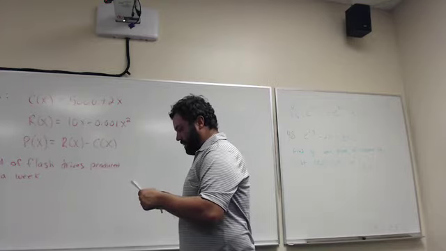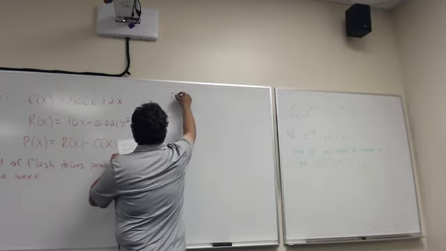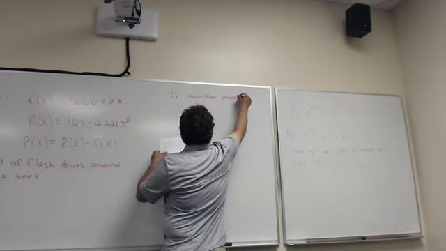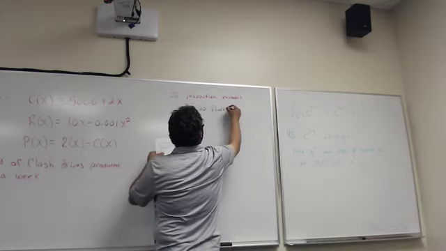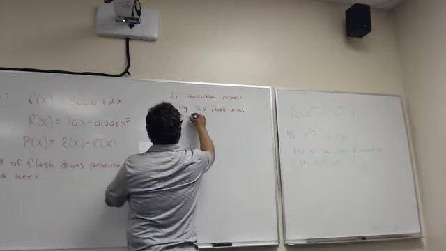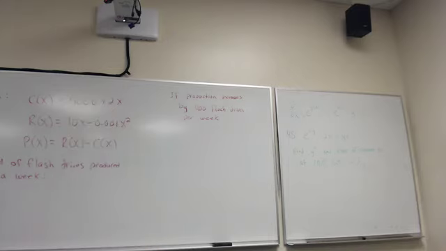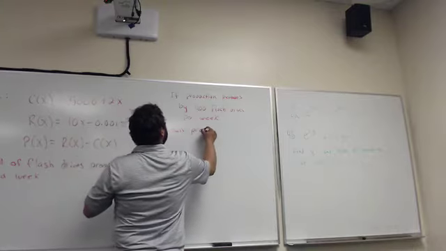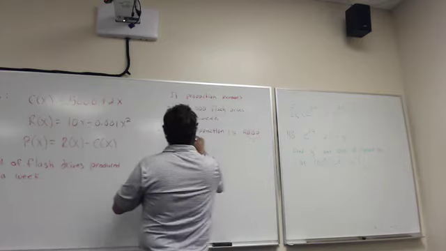Now, the given information that tells us the rates and the production levels: production increases by 400 flash drives per week. So that's the given rate. You're told how much the quantity X changes over a period of a week. And that's when the production level is at 400 flash drives.